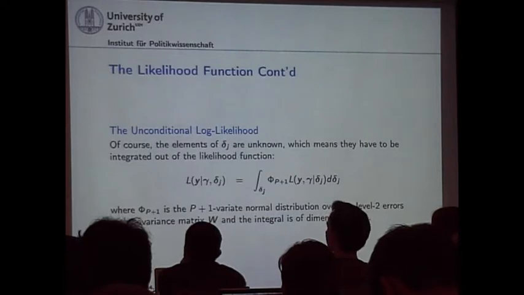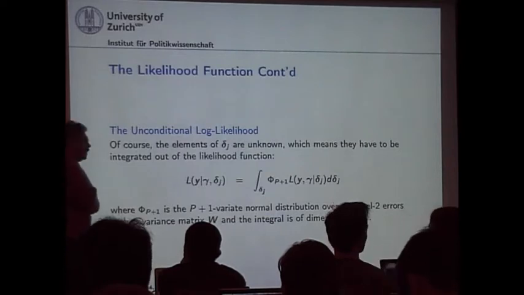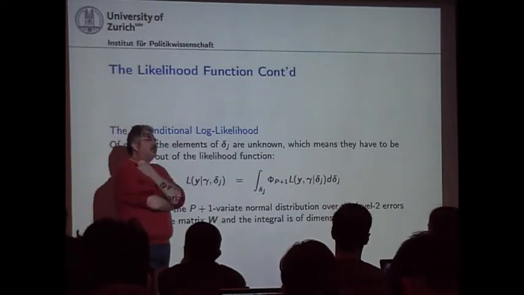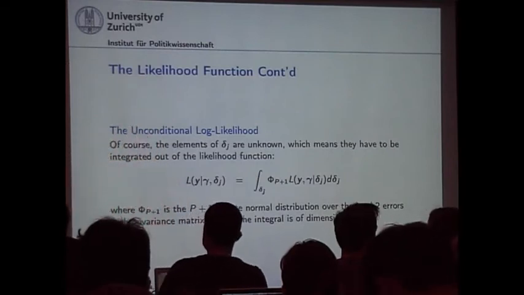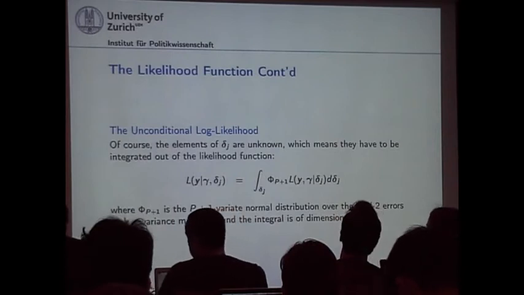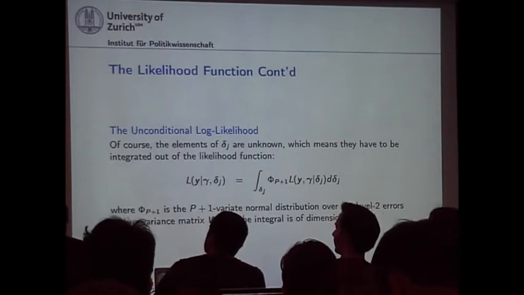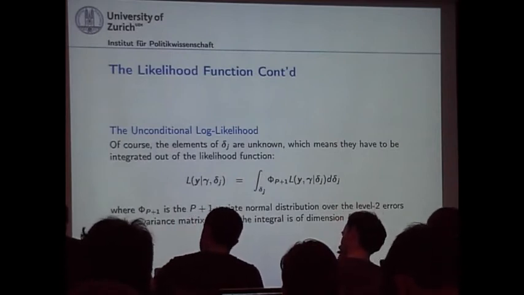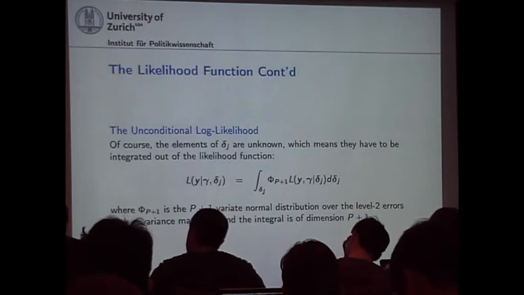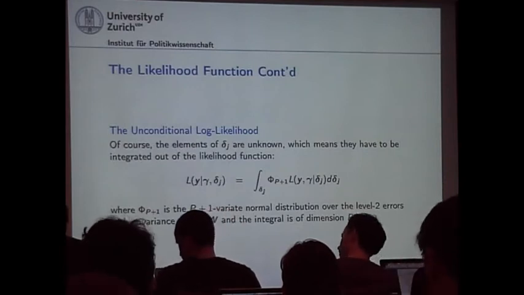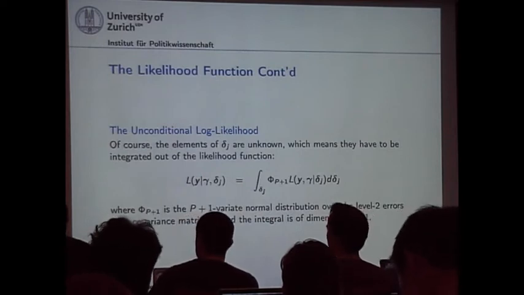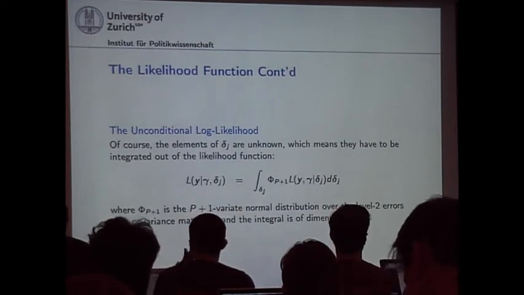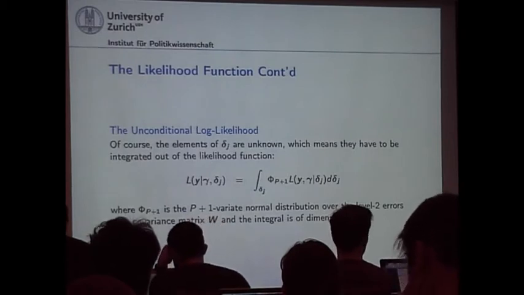And then a camp that has been quite prominently displayed by Sophia Rabe-Hesketh and Anders Skrondal, that say, well, we can actually approximate this integral quite well by using something known as adaptive quadrature. And that's what we will talk about.